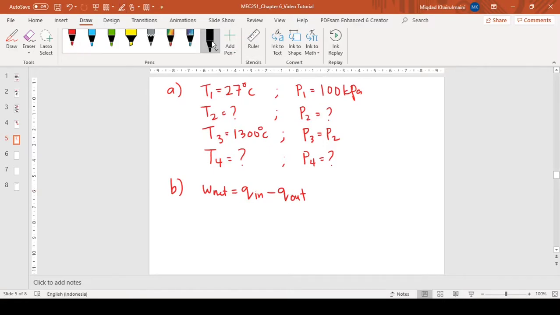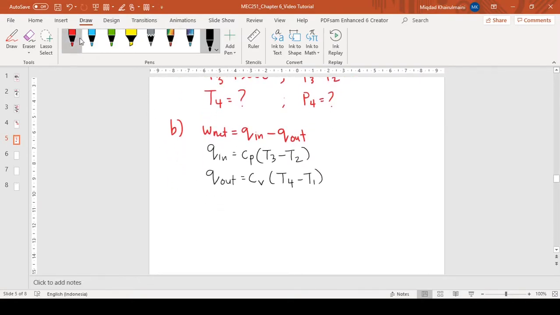For q in, or amount of heat added, it is equal to the specific heat at constant pressure Cp multiplied by the temperature at state 3 minus the temperature at state 2. For amount of heat rejected, it's the specific heat for constant volume Cv multiplied by the change in temperature from state 4 to state 1. Okay, so we have to calculate it individually, and then we can solve for the amount of net power produced.